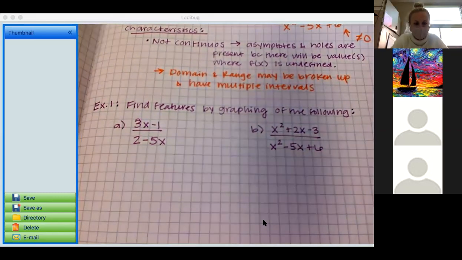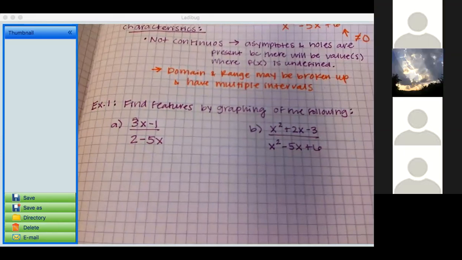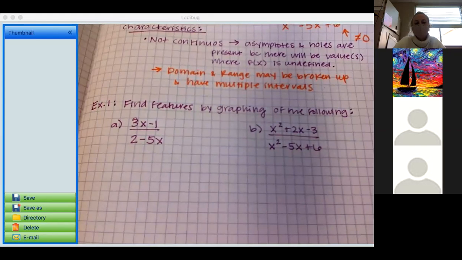People at home, let me know when you have these so I can switch to Desmos. Got it? Are we good, people at home? Y'all got these written down? I'm gonna flip the I desk. Need like another minute.